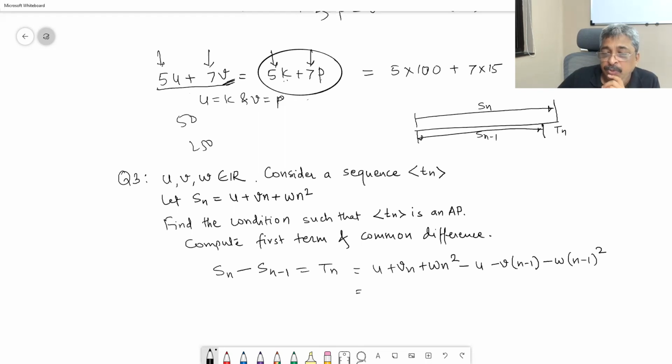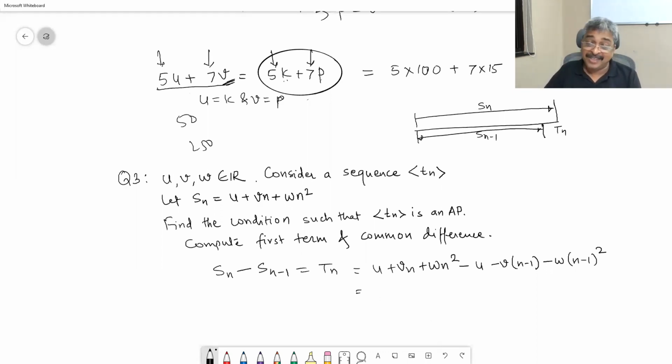That makes U gone, Vn gone. So what is remaining here is V, correct? Then Wn square is gone. What is remaining is plus.